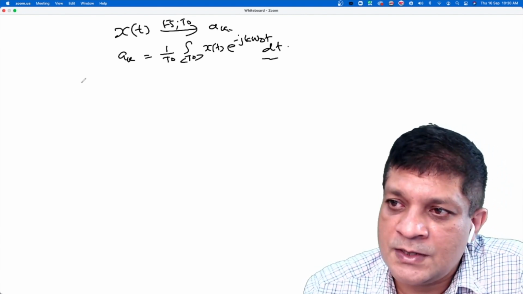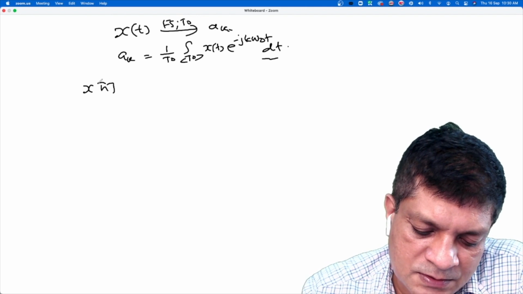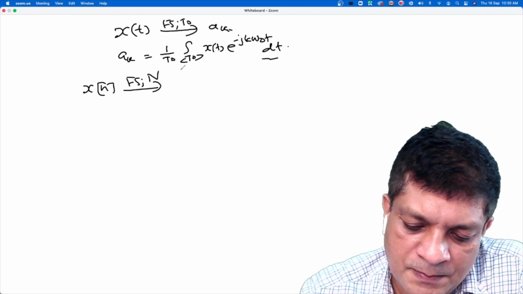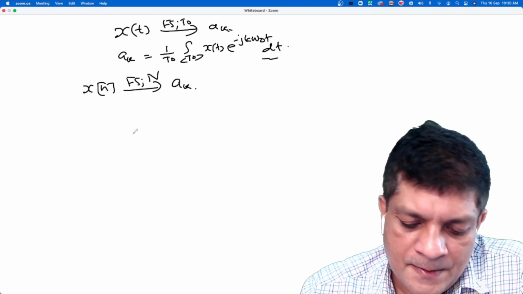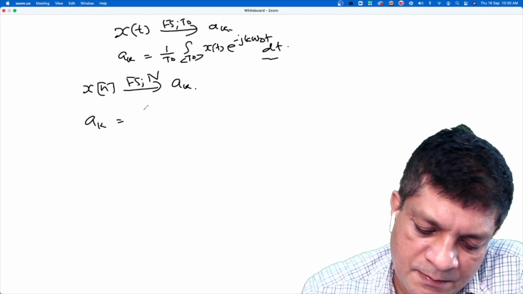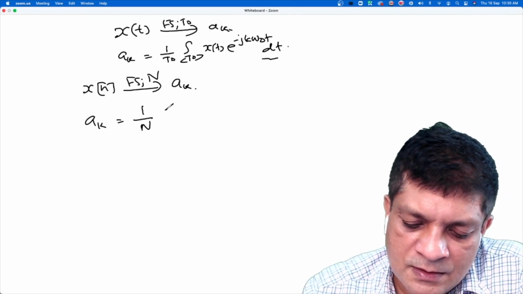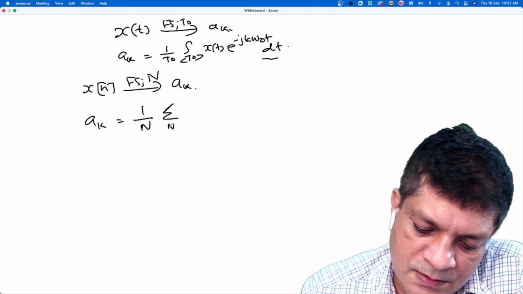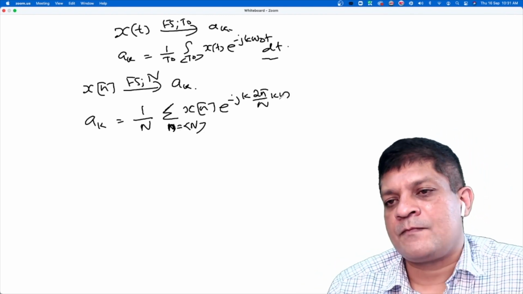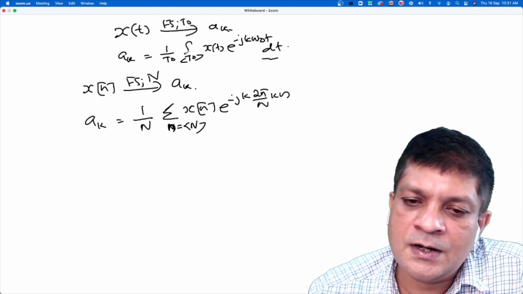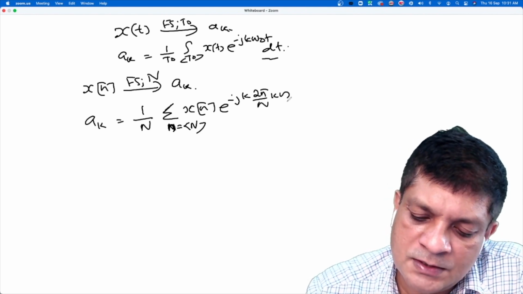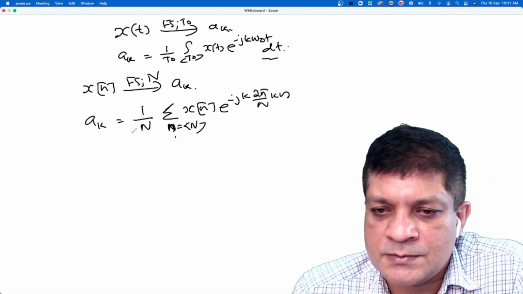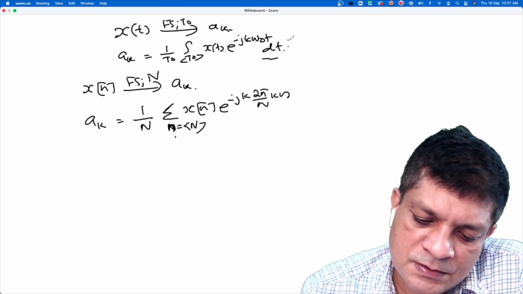For the discrete time Fourier series with respect to a period N, the expression is similar. The only difference is that here it is integration with respect to t, and here it is summation over n. That is the difference, because this is a discrete time signal.